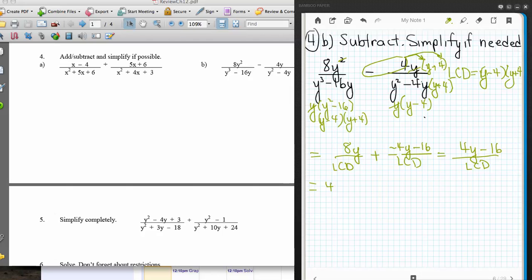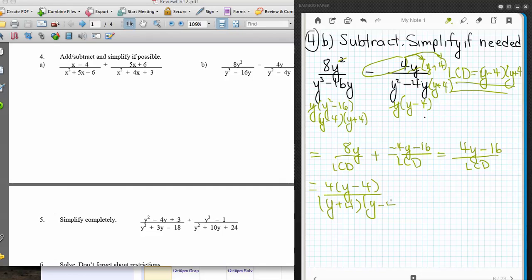So 4 comes out of both terms, leaving me with a y in the first factor, minus a 4 in the last factor. That came from 4y divided by 4, which is y, and 16 divided by 4, which is 4. Now I'm going to bring in my LCD again. There's my LCD. So it is y plus 4 and y minus 4.